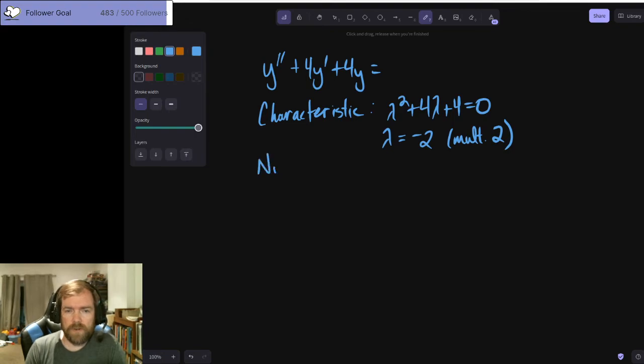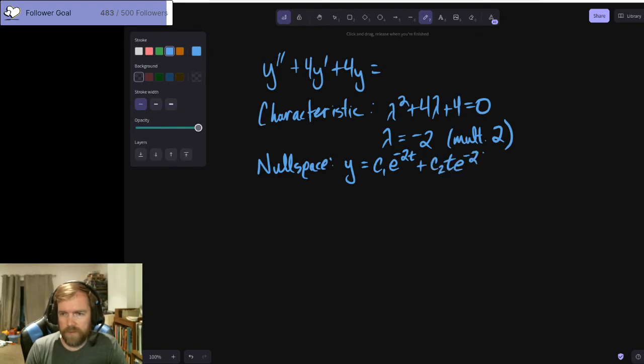So our null space solution is that y is going to be equal to c1 e to the negative 2t plus c2 t e to the negative 2t.